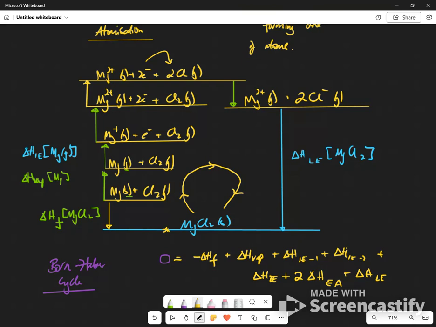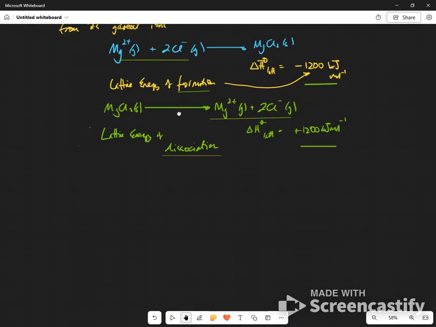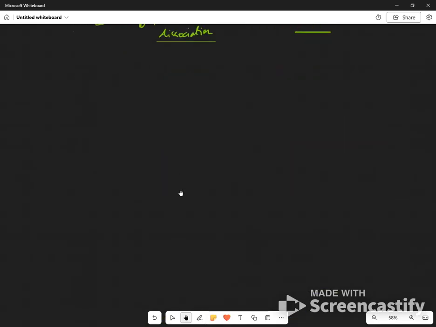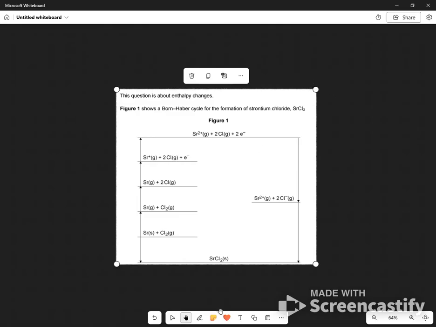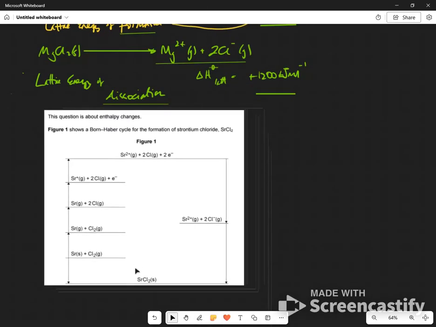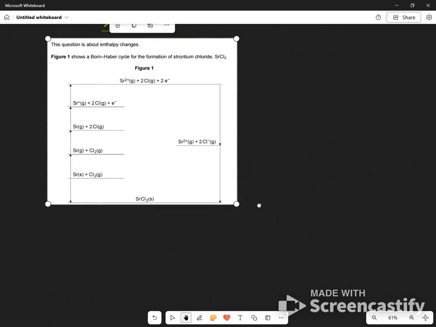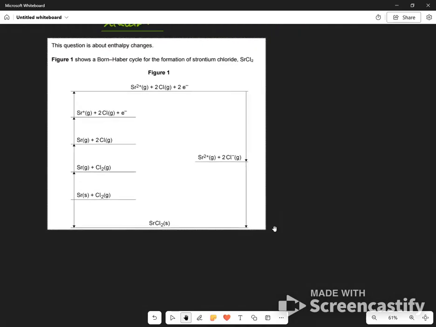Okay, so this one is for strontium chloride. Very similar to the one we've just done. Let's move this up. Okay, there it is. This is a Born-Haber cycle for strontium chloride. The figure shows enthalpy changes.